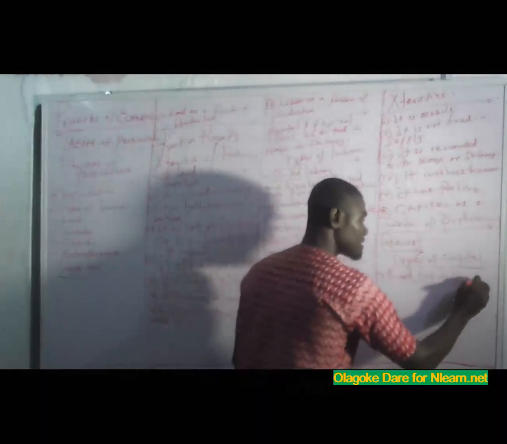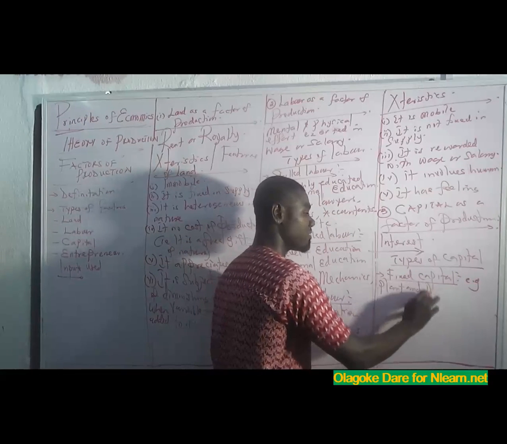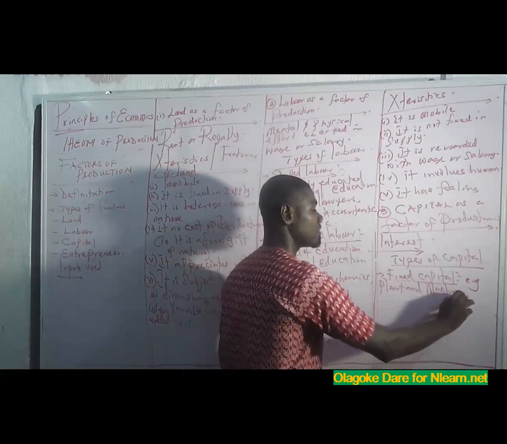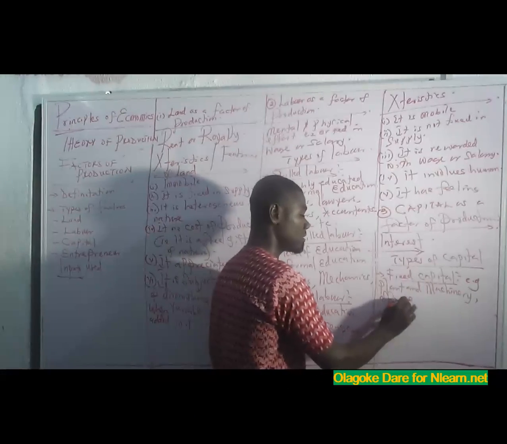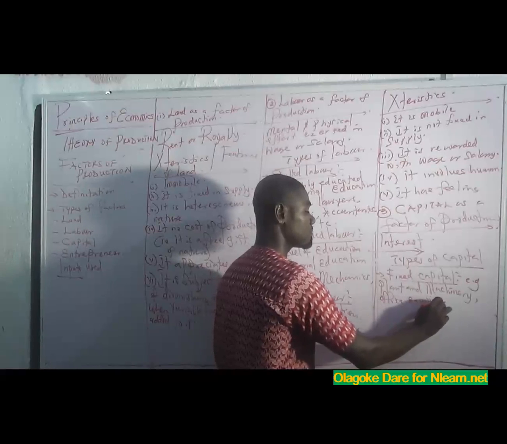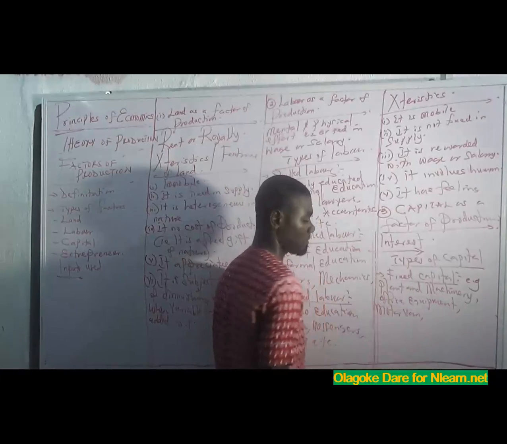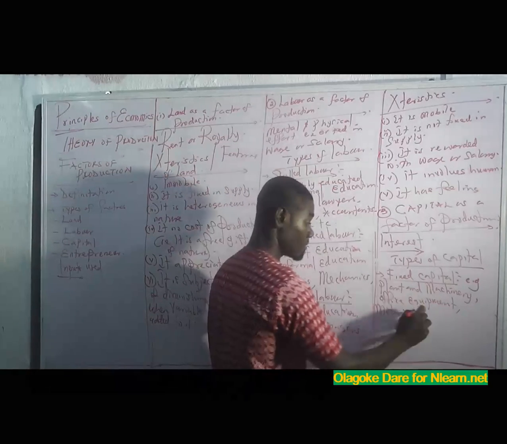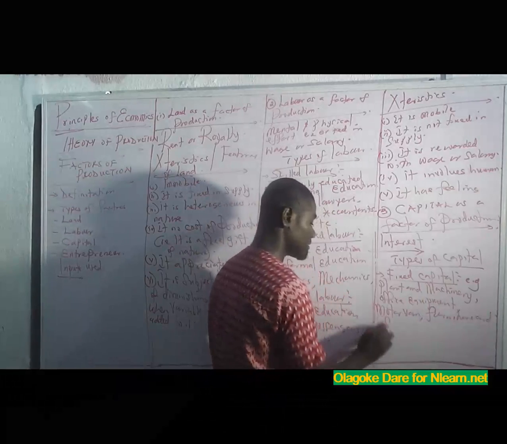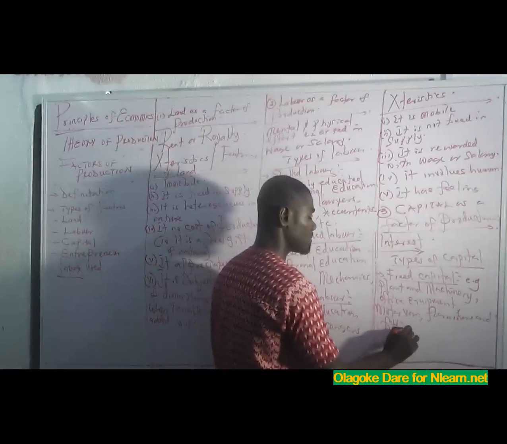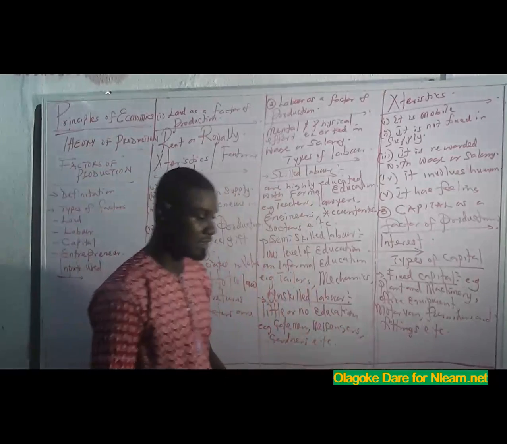An example of those equipment are your plants and machinery, your office equipment, motor vehicle, motor van, furniture and fittings, etc. So these are your fixed capital.